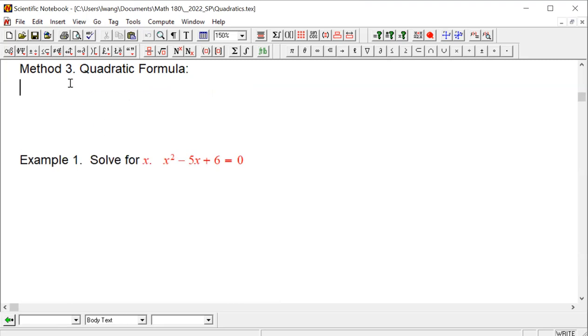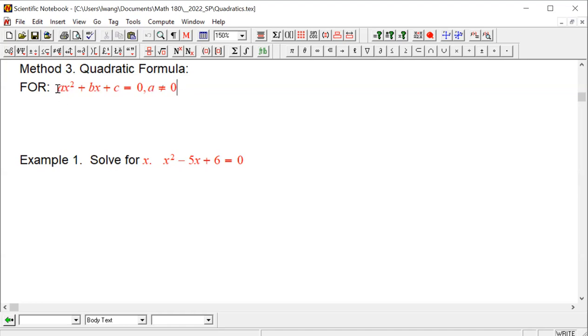First of all, you need to understand what the quadratic formula is for. It is for a specific situation, and that situation is a times x squared plus bx plus c equals 0, where a cannot be 0. You will find out this requirement is absolutely crucial.